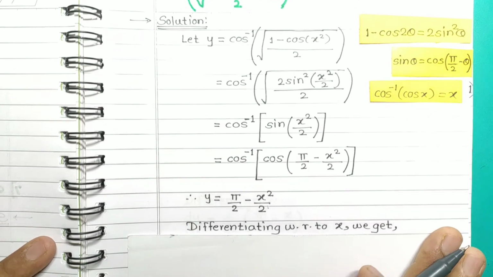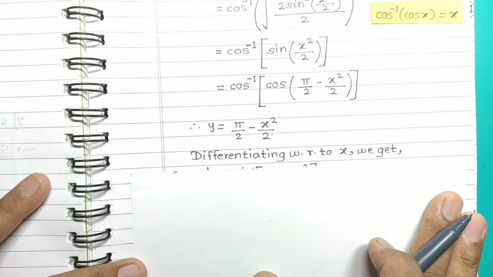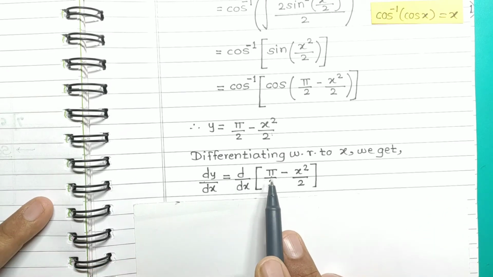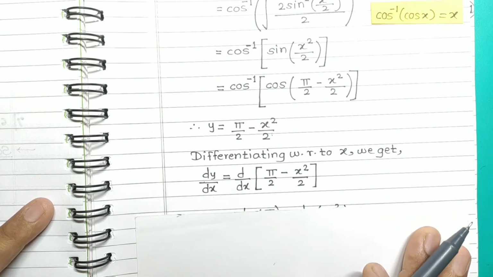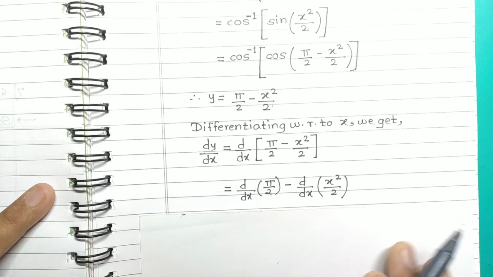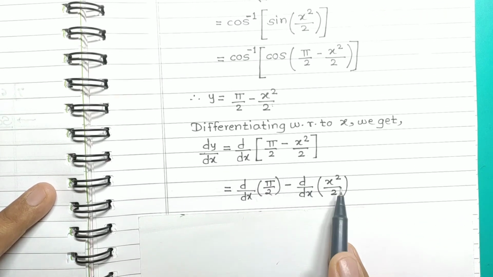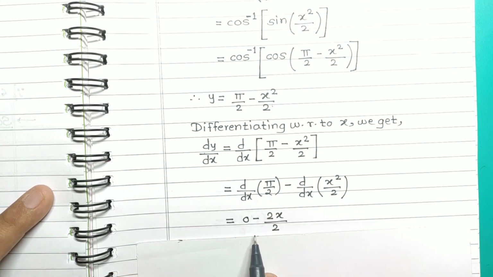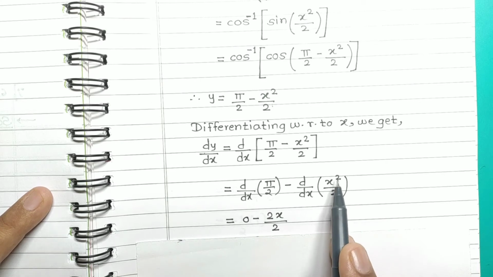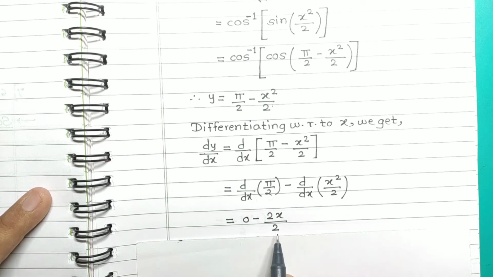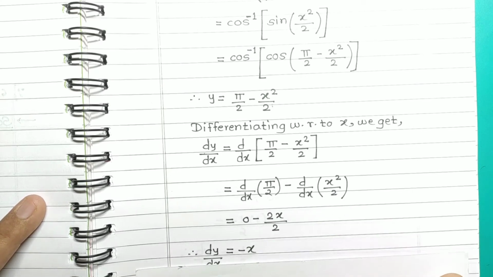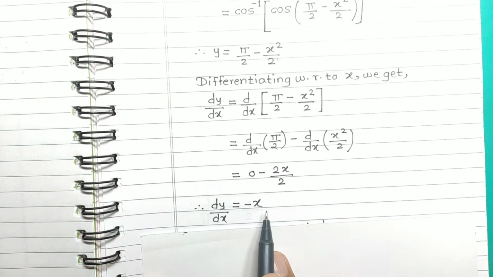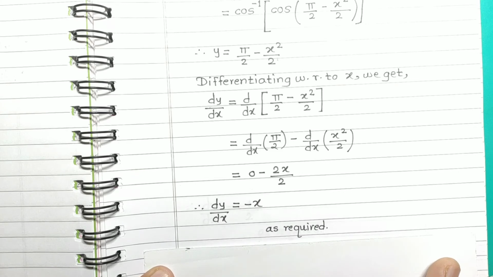So differentiating with respect to x, we get dy by dx is equal to d by dx of pi by 2 minus x square by 2. This is nothing but the derivative of pi by 2 minus the derivative of x square upon 2. Since pi by 2 is constant, its derivative is 0, and the derivative of x square by 2 is 2x upon 2. These 2 get cancelled, and finally we have dy by dx is equal to minus x as the required derivative.